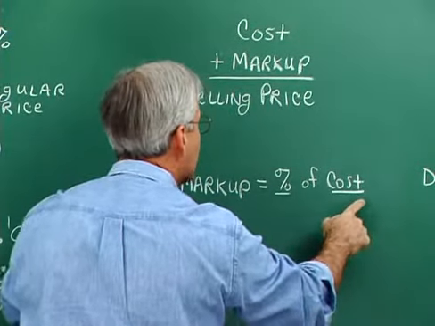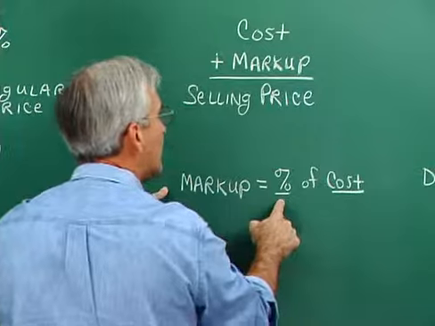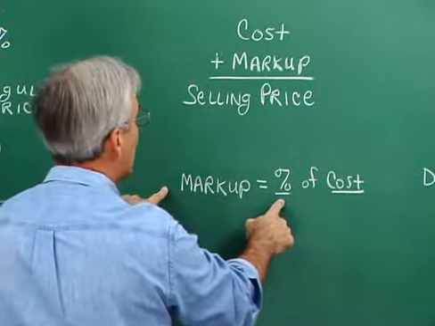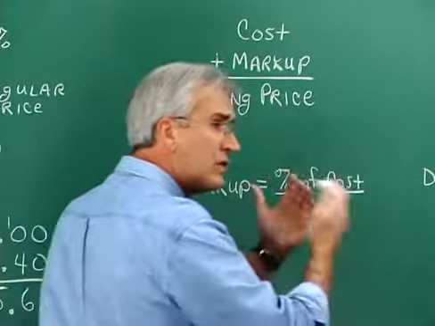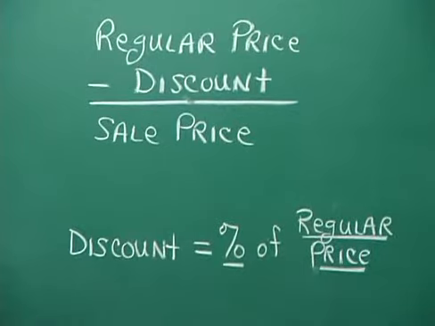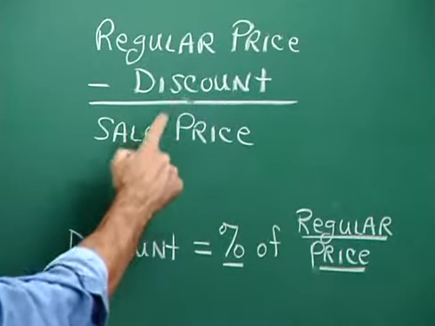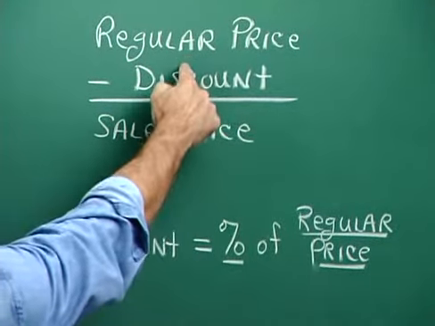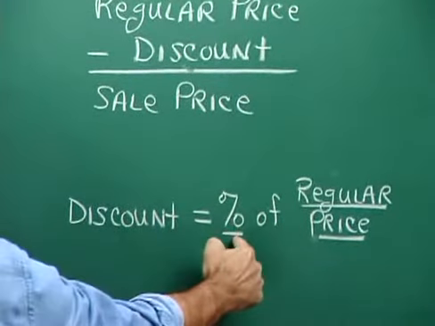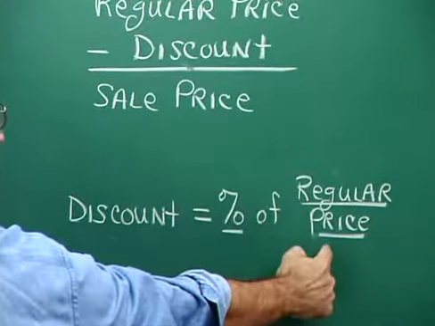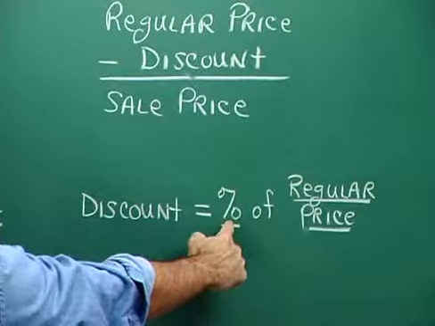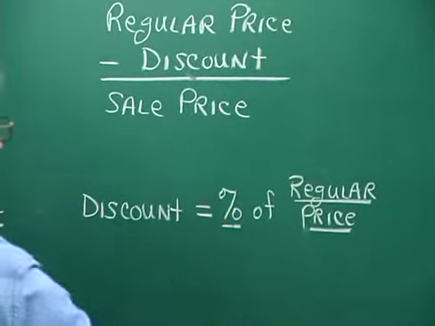You see, and so that's the idea, and that percent is some markup rate, it's called. And for the discount idea, it's regular price minus discount equals sale price, and the discount is some percent of the regular price. And the percent is often called the discount rate.